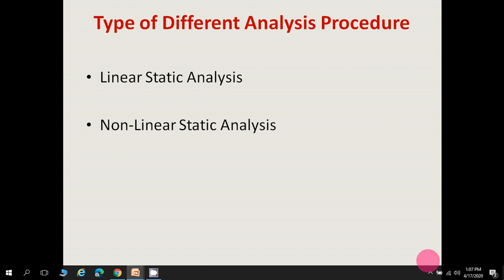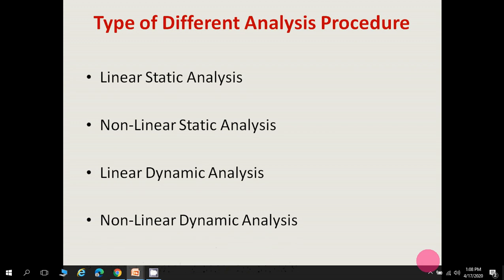So these are not in a linear manner. And in non-linear static analysis, the stiffness matrices are not constant throughout the analysis. So these are the main differences between linear static and non-linear static analysis. The third is linear dynamic analysis and non-linear dynamic analysis.